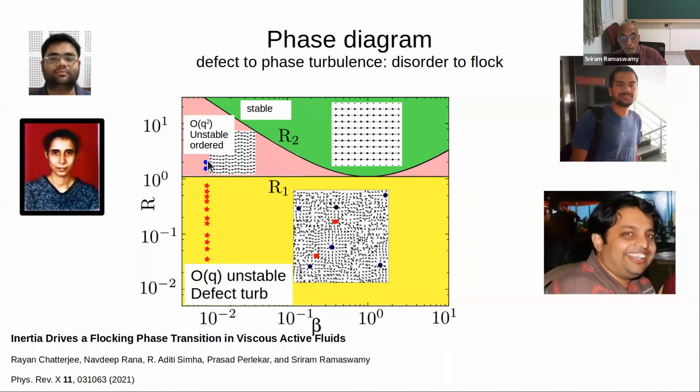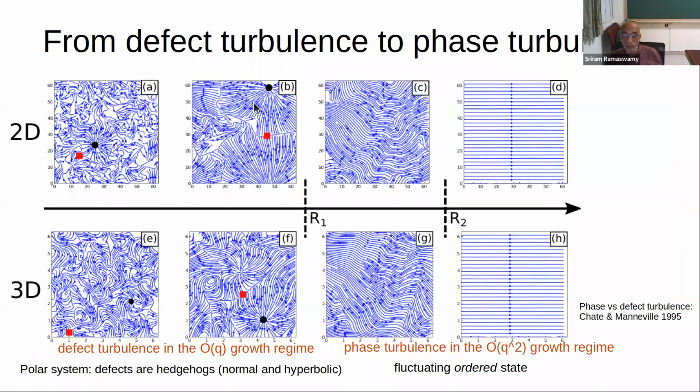If you cross into the regime where the order Q instability has gone away, but you're still unstable with the growth rate proportional to wave number squared, you find a state that has a little bit of noise, but ultimately retains its order. So as a function of motility, you go from defect turbulence to a state with some noise, but where the aligned state preserves itself somehow. Phase turbulence, it's called in the dynamical systems literature. Okay, so you go from something like this to something with a bit of noise, but basically stable.